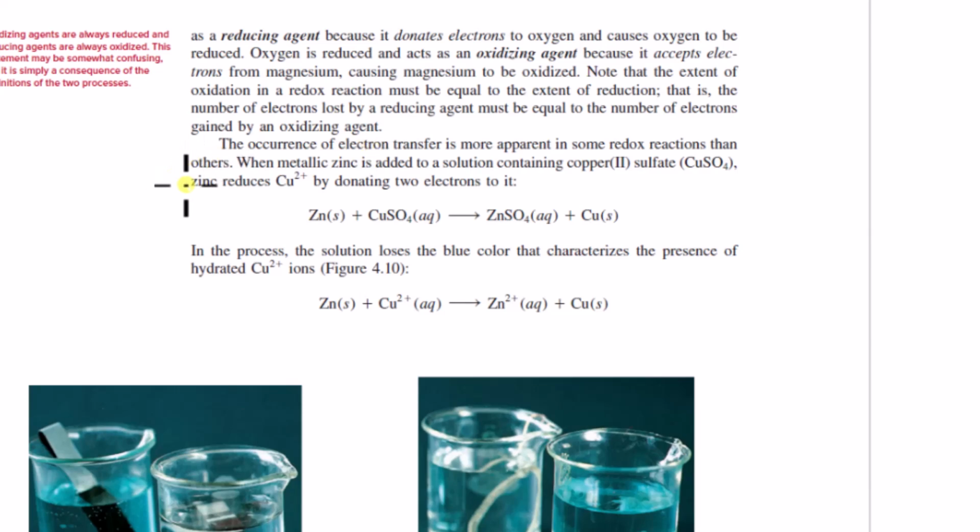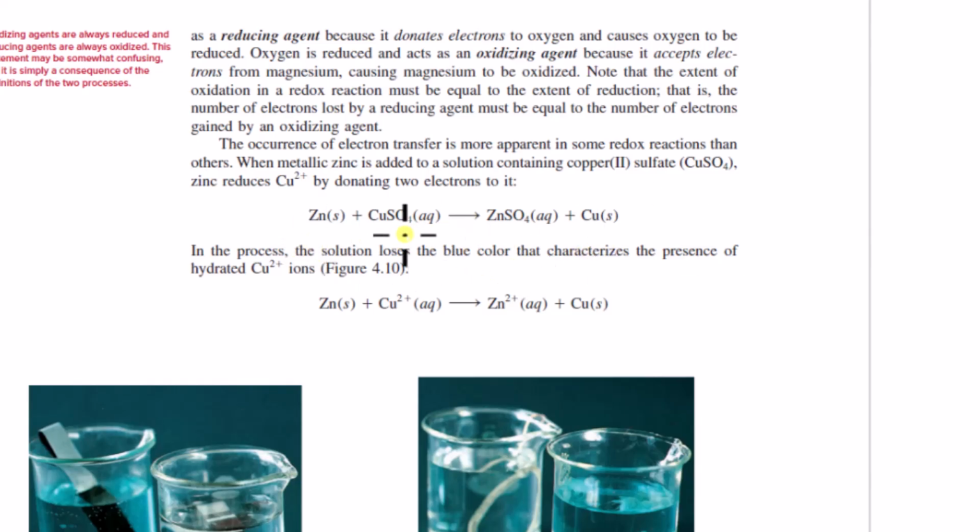Okay, so now let's take a look at a redox reaction that occurs in aqueous solution. The occurrence of electron transfer is more apparent in some redox reactions than others. When metallic zinc is added to a solution containing copper 2 sulfate, zinc reduces copper 2 plus by donating 2 electrons to it. So here's this reaction in aqueous solution.